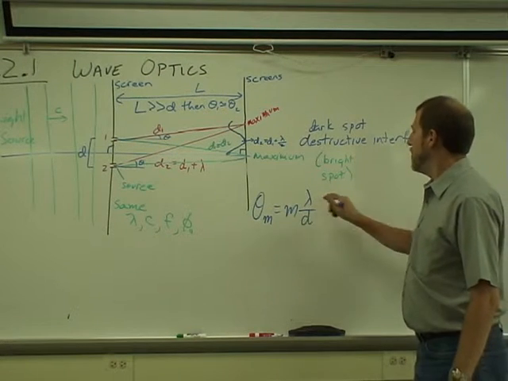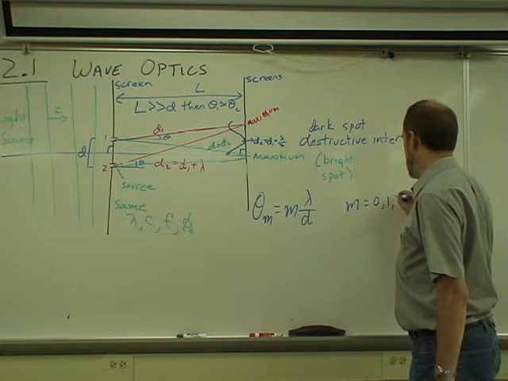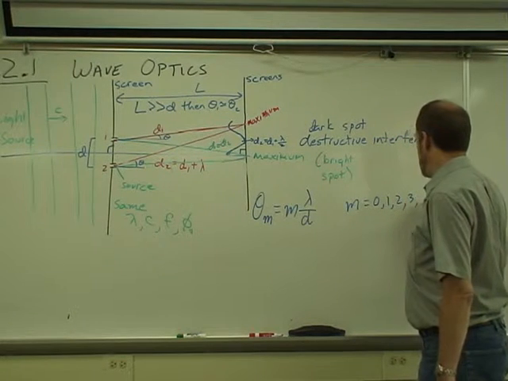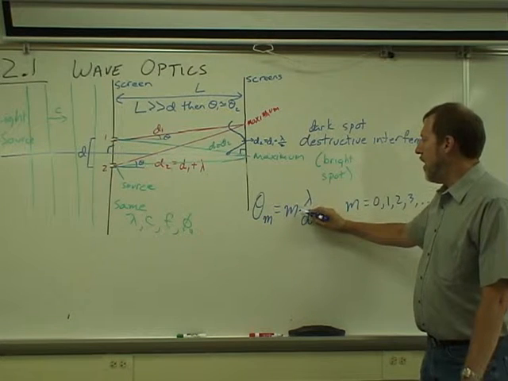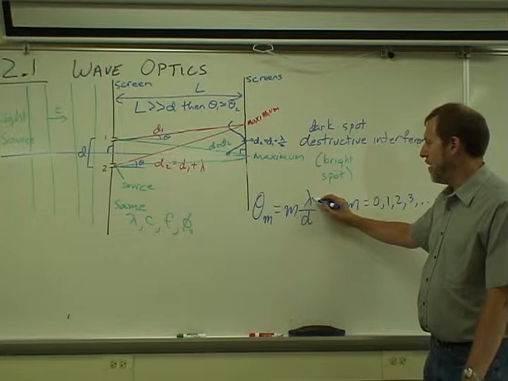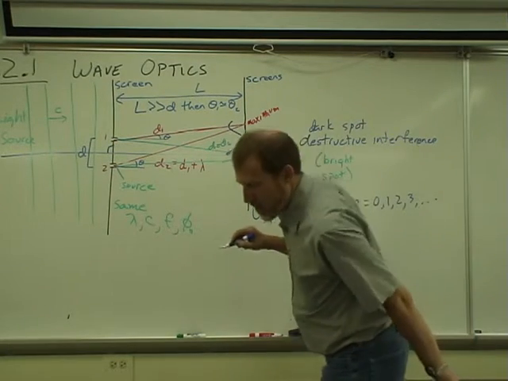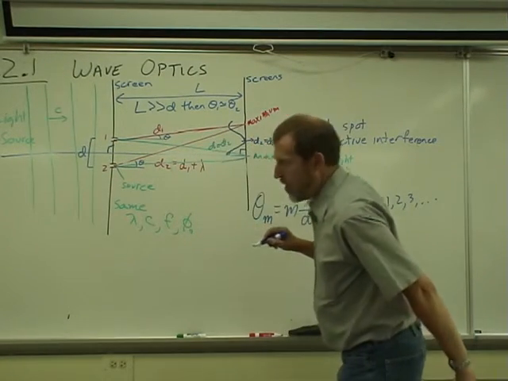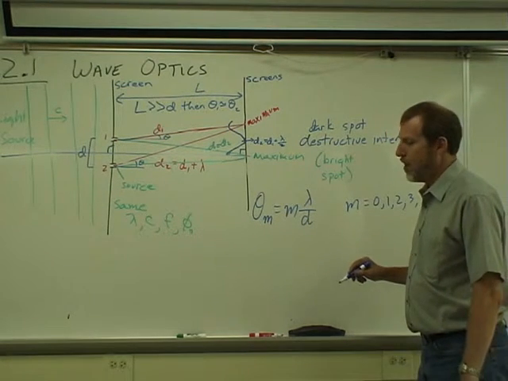There has to be some integral number, 0, 1, 2, 3, 4, whatever, of wavelengths divided by the distance between the slits.